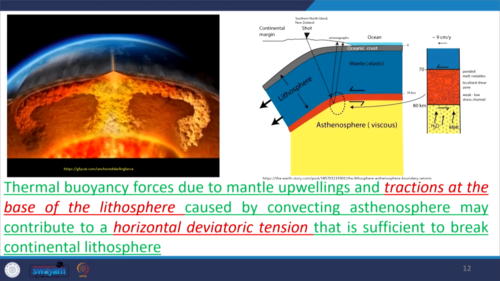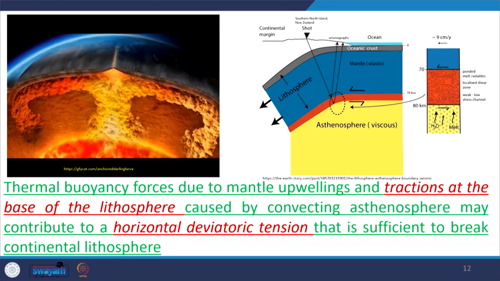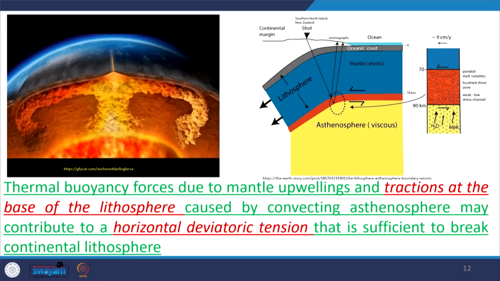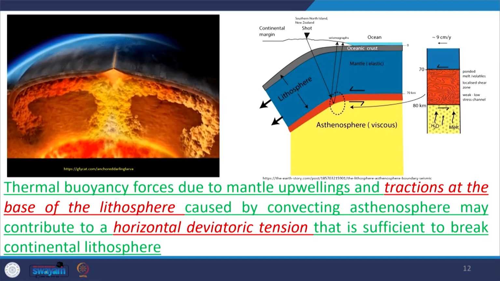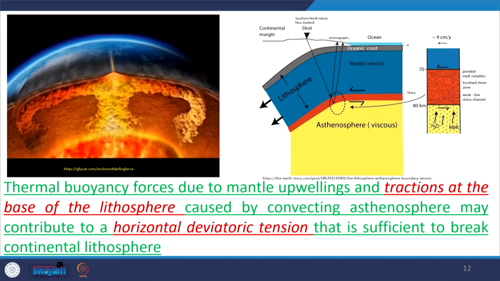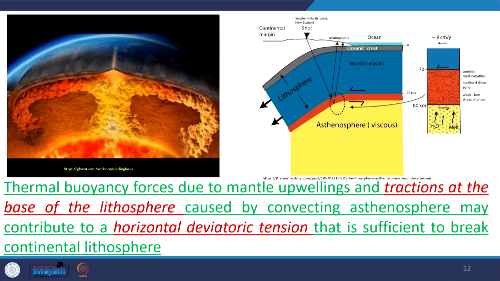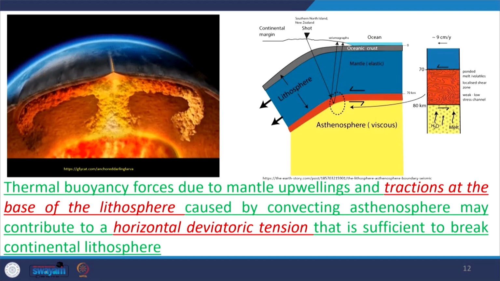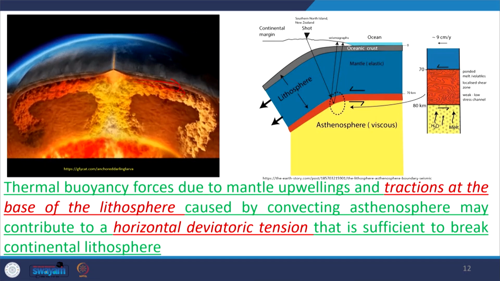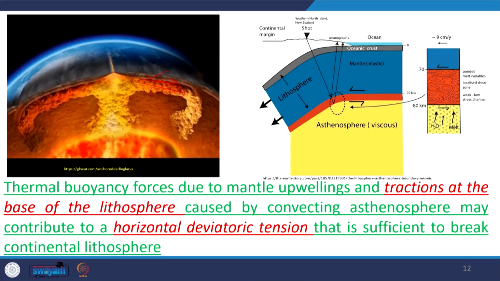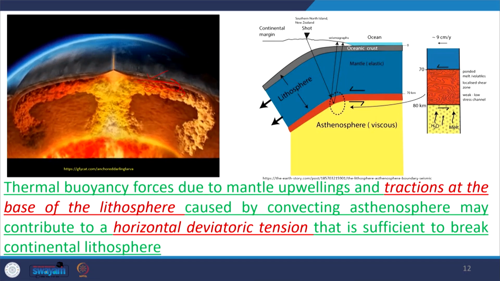Now, the thermal buoyancy forces due to mantle upwelling and the traction at the base of the lithosphere caused by the convecting asthenosphere may contribute to a horizontal deviatoric tension sufficient to break the continental lithosphere. As we have discussed, at the base there is a traction force. A shear zone develops because one is a rigid system and the other is a non-rigid system, so there is a difference between their motions.